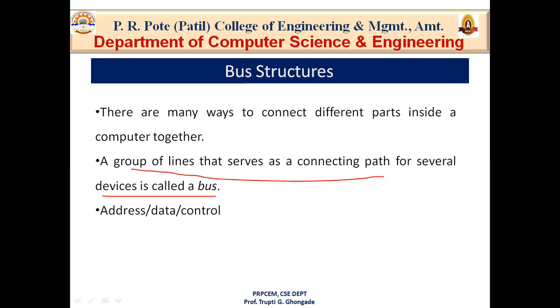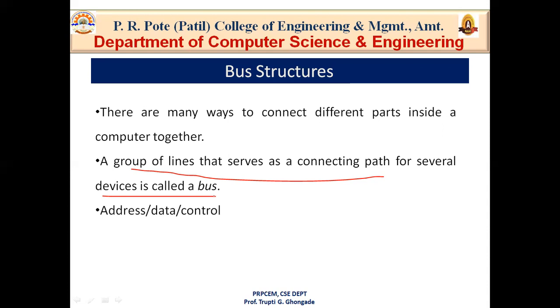If you have 8 bits of data, that means this 8 bits of data can be transferred by using an 8-bit data bus, or we can say a group of 8 lines or group of 8 wires. A 16-bit data bus means that the data bus consists of 16 parallel lines or 16 wires, each wire or each line for 1 bit.